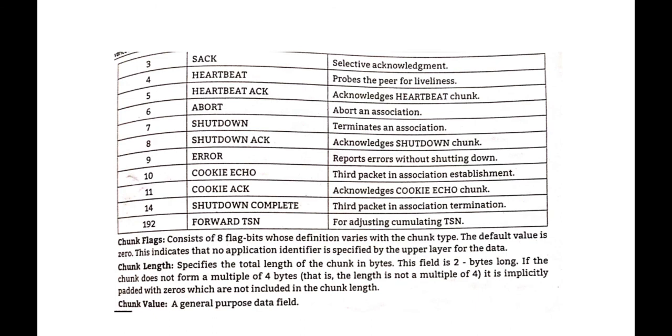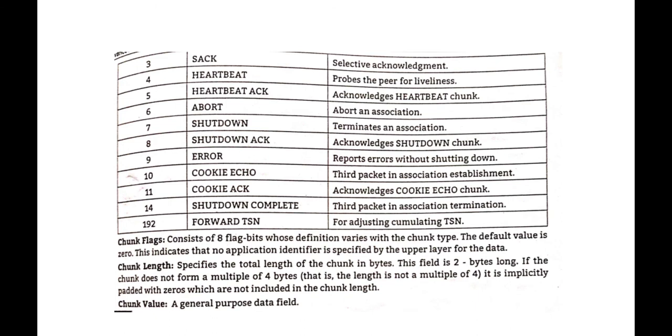So if we do not use a multiple of 4 bytes of data, at that time we set the 0 value. It means no need for padding; extra data is optional and not included.